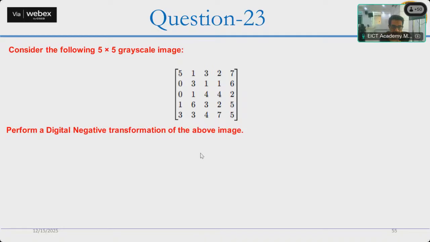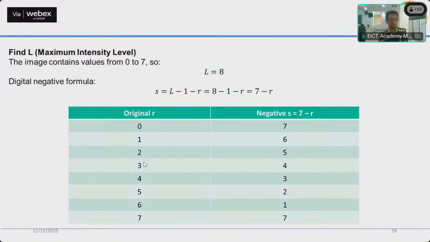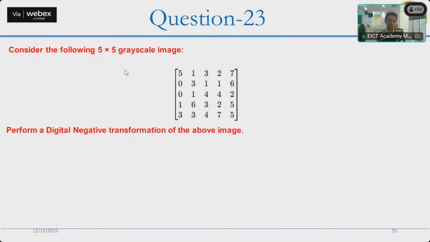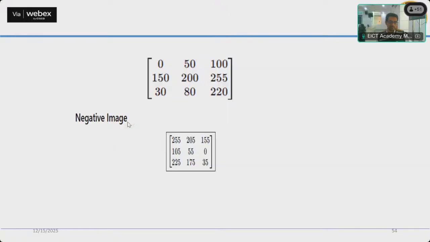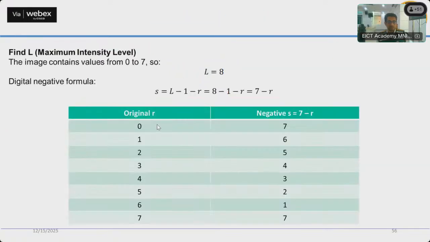Here is another problem. Consider the following 5 by 5 grayscale image, and perform a digital negative transformation of the image. Remember the important thing here: what is the highest value? When we are taking this grayscale image, they are saying that the image contains values from 0 to 7, so L equals 8.